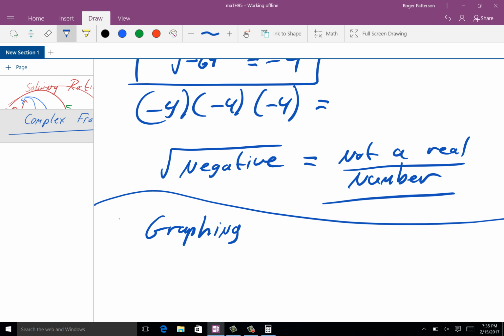So I'm going to go y equals the square root of x, just plain old square root of x. Okay. So when we graph the square root of x, this is what we're getting. A curve that starts here at 0, rises, and then kind of flattens out, actually, is what it does.